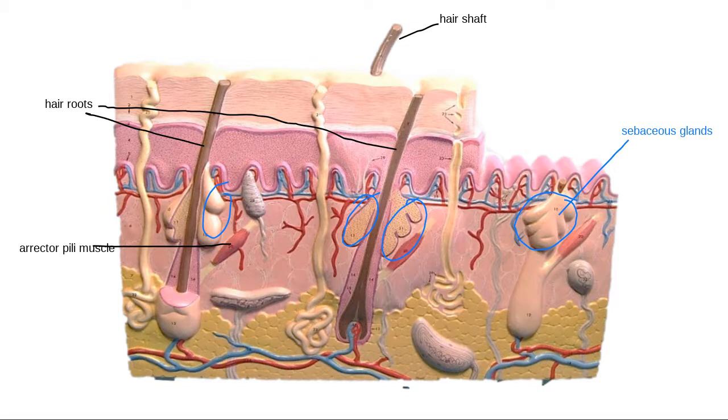The Erector Pili muscle is what I like to call, in easy words, the goosebump muscle. When it contracts, it pulls on the root of your hair and it makes your hair stand up. When your hair stands up, it pushes on the epidermis, making you have those bumps that you can see.